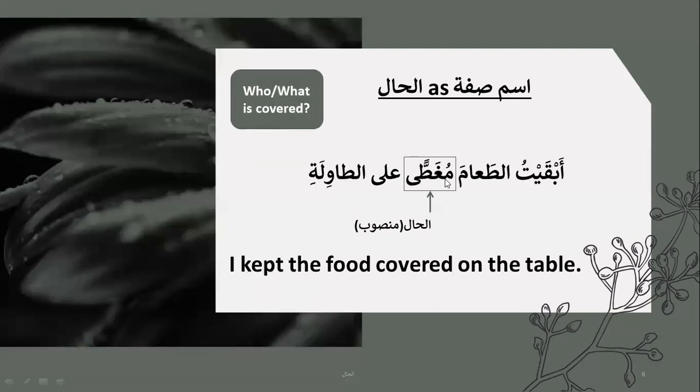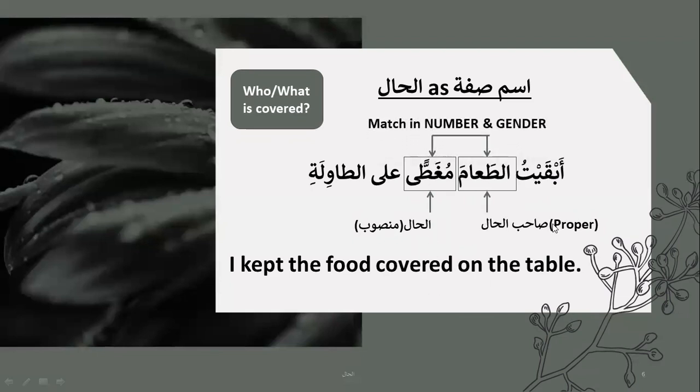Also remember that you have to ask now, covered. So mughazzan means covered. Now what or who is covered? Is it I, abqaitu? Is it covering me? Or is it the food that is covered? You can see the sentence suggests that it's the food that is covered. So that's the sahibul hal. Also notice it is proper.